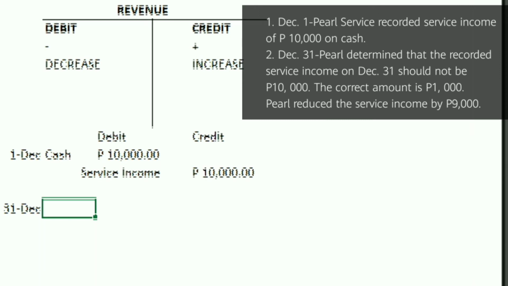Bakit 10,000 yung ni-record ko? So, mali yung recording niya. Ngayon, ang tamang amount pala is 1,000. So, pag i-correct natin to, 10,000 minus 1,000, 9,000 yung over-recording niya na amount. Kaya, babawasan natin si service income kasi masyadong overstated, debit kasi decrease, diba?